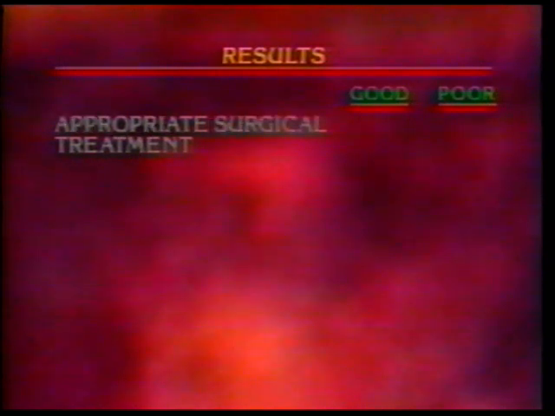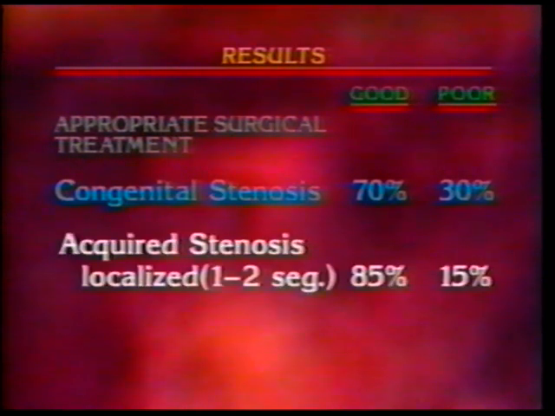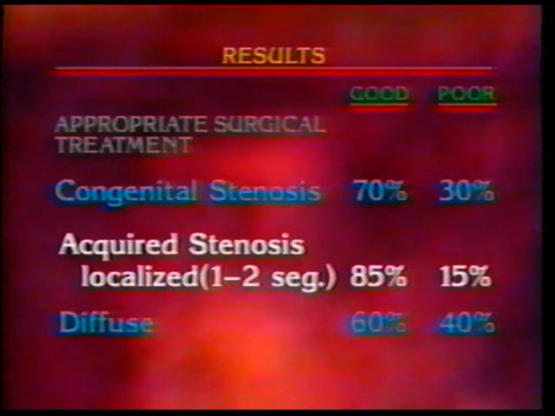With appropriate surgical treatment, and appropriate means adequate decompression and stabilization if necessary, congenital stenosis has good results in 70%. In acquired stenosis with localized disease, 1 or 2 segments, good results are expected in 85% of patients. With diffuse or multi-level disease, more than 1 or 2 segments, about 60% will get good results with appropriate surgical decompression. What happens to those patients that fail, and why do they fail?